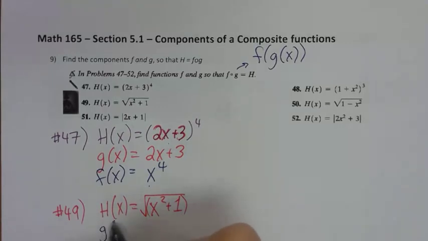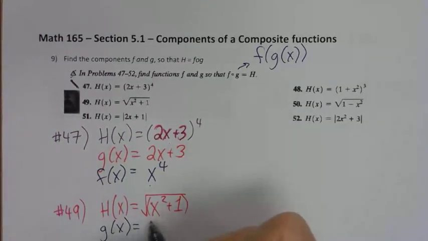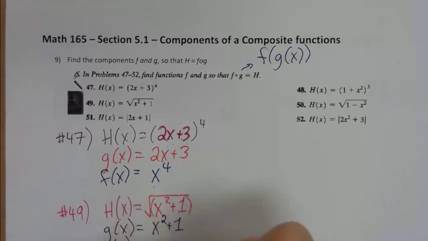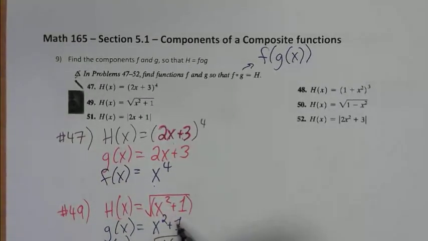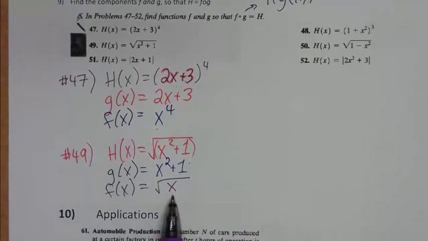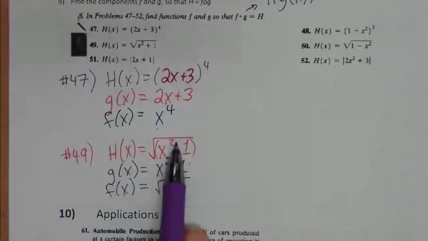So that's what we'll call g of x, is that inside x squared plus 1 part. And then lastly, our f outside part will just be the square root of x. So you can see how it would have been taking x squared plus 1 and putting it into the square root of x and making it look like the h that we started with.